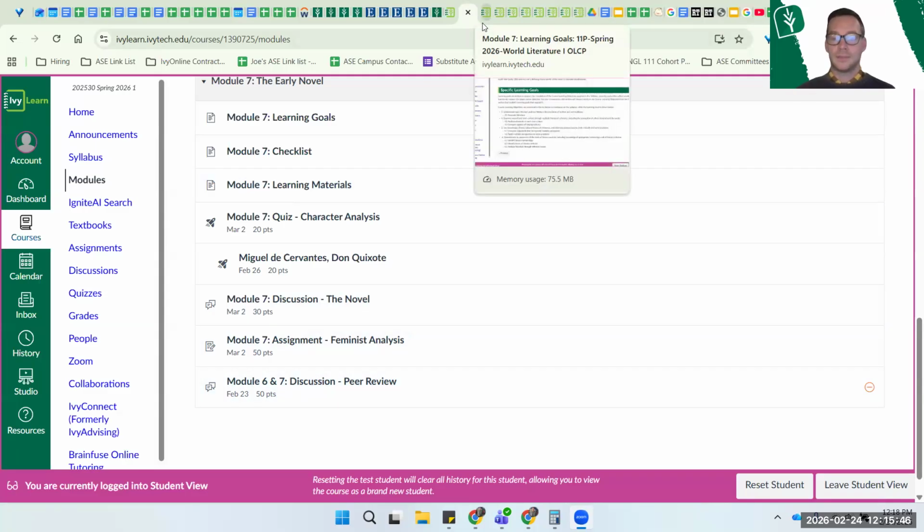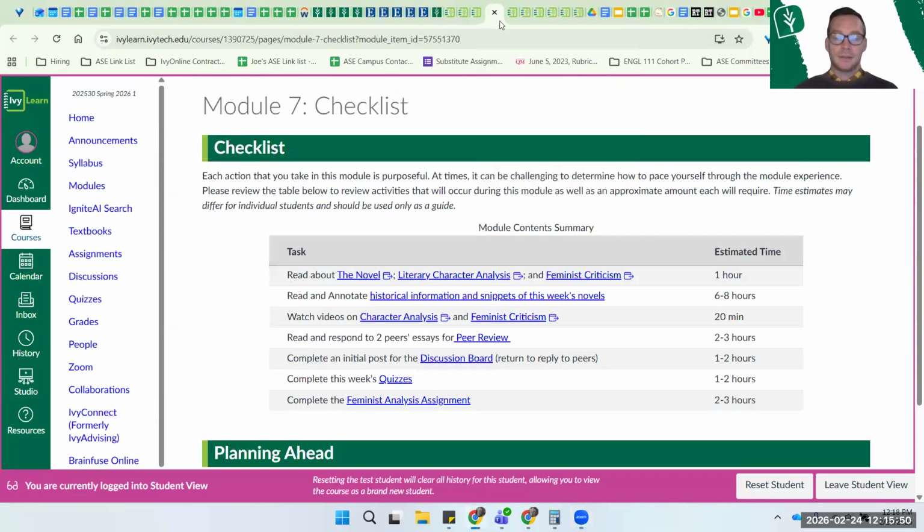So let's look and break down a couple of things really quickly. When we look at our checklist this week, you can see for the read and annotate space, it's giving us a really high number this week of 6 to 8 hours. And that's because we have a big chunk of a text called Don Quixote.